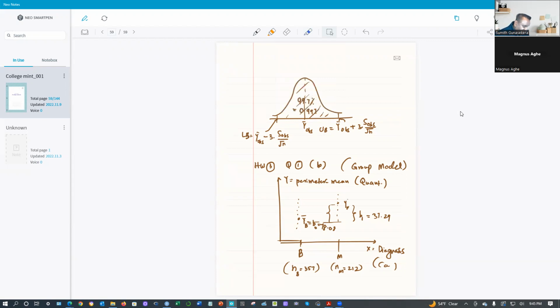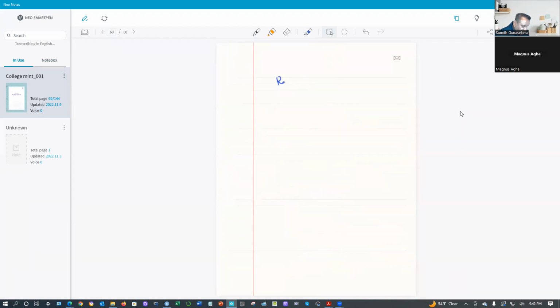So this one is a regression model. This time you have Y, perimeter mean, which is quantitative. And X, texture mean, so also quantitative.